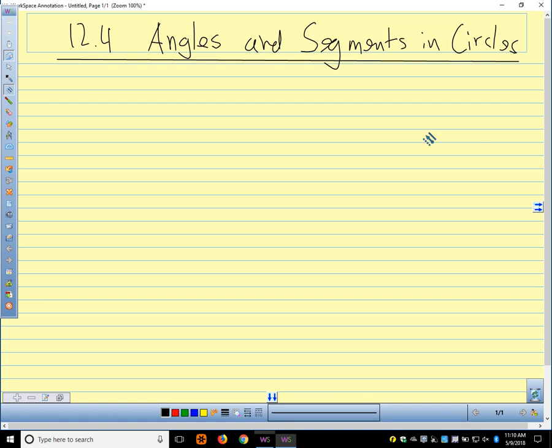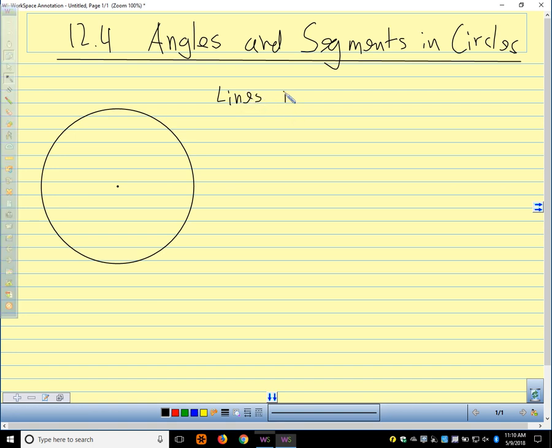All right, for the first section here, I'm just going to start with a picture. We have lines or segments or something that intersect inside the circle but not at the center.